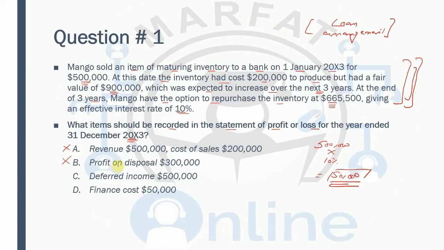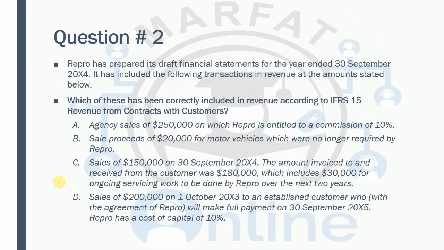The control has not been transferred, and this is in fact a loan arrangement. The deferred income is actually the liability recorded in the statement of financial position. They are asking us regarding the statement of profit or loss. What we can record is the finance cost because we have taken the loan of 500,000 and 10% is the interest rate. So D is the correct option.